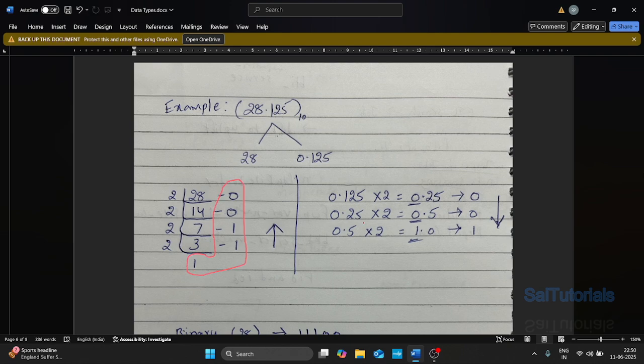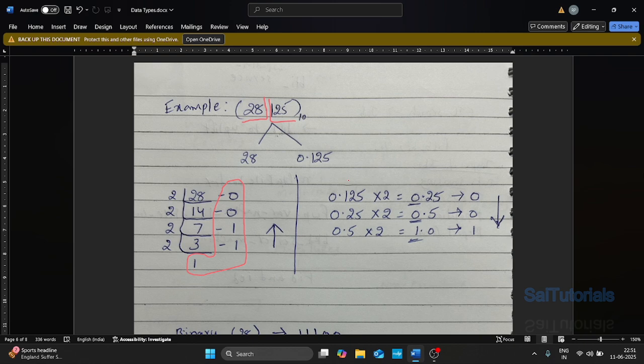Okay, and here we have 0.125. How can we convert this 0.125 into binary? For this it will be different, because for the left side of the decimal we perform division, and for the right side of the decimal we need to perform multiplication.